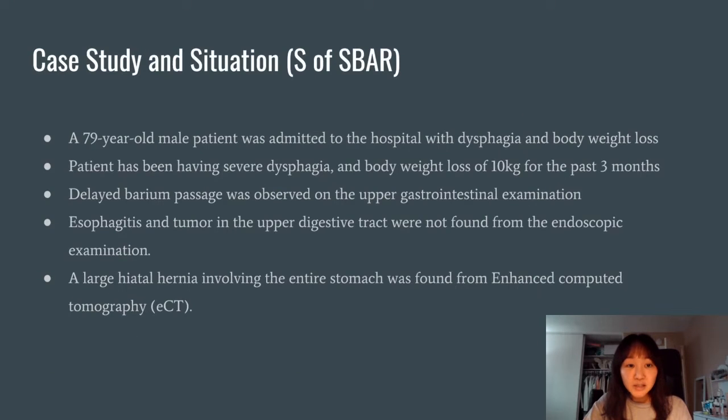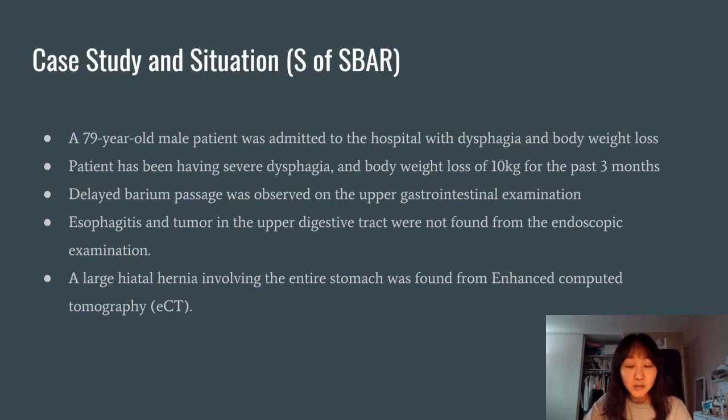For the case study and situation, a 79-year-old male patient was admitted to the hospital with dysphagia and body weight loss. The patient has been having severe dysphagia and body weight loss of 10 kg for the past 3 months. To find out the reason for the dysphagia and body weight loss, several tests or examinations were performed, and delayed barium passage was observed on the upper gastrointestinal examination.